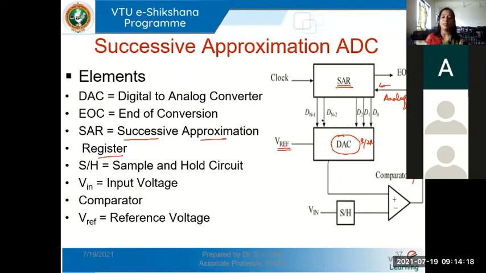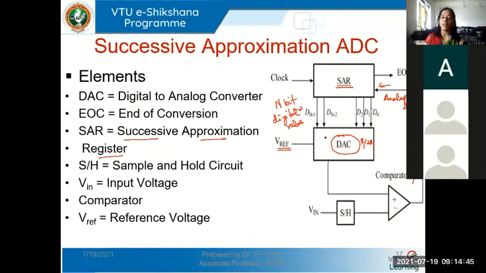D0 to Dn minus 1 represents an n-bit digital value. Okay, so the n-bit digital value will be the nearest approximation of the analog input, which is fed to the SAR. And whenever the clock is given, the SAR will continue doing the conversion. It will try to approximate the analog input to the nearest digital output value.